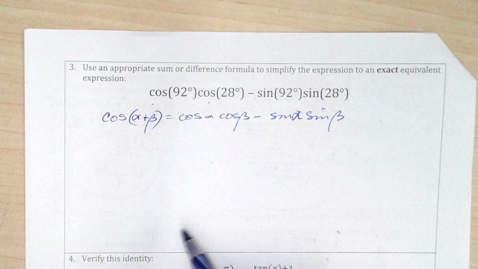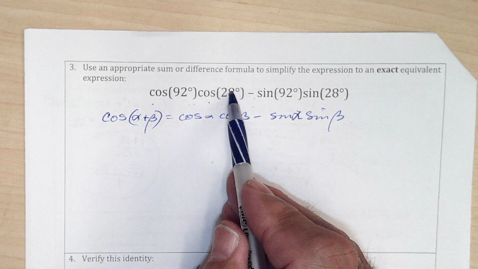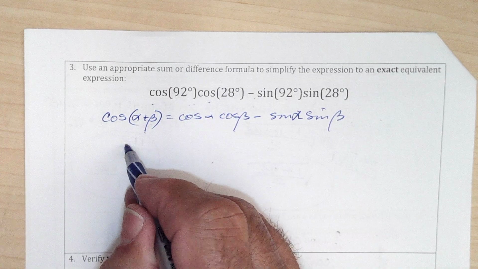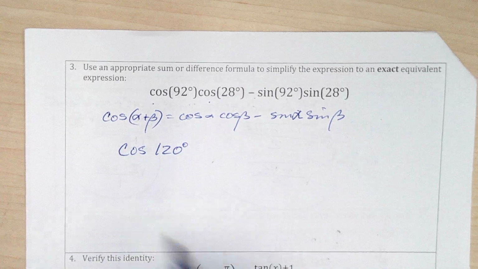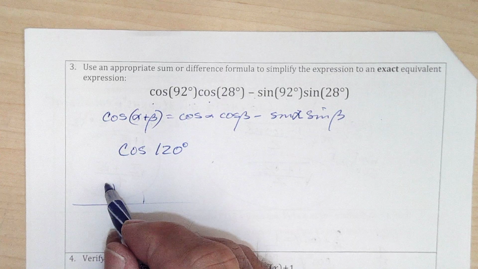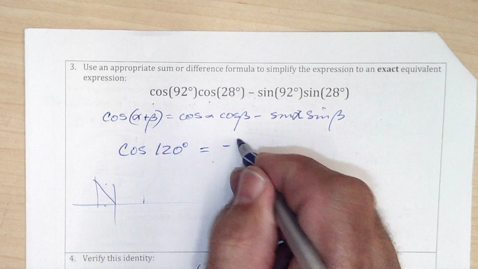So this matches up. So if alpha is 92 and beta is 28, this becomes cosine of 120. And 120 is a special angle where the cosine is -1/2.